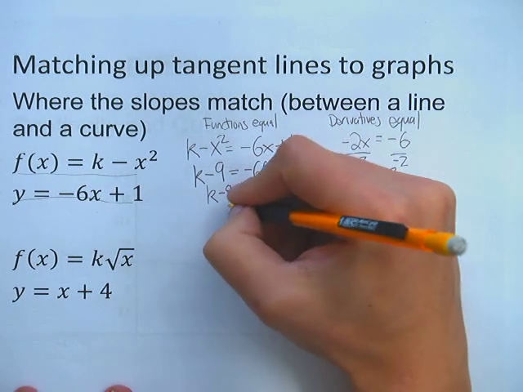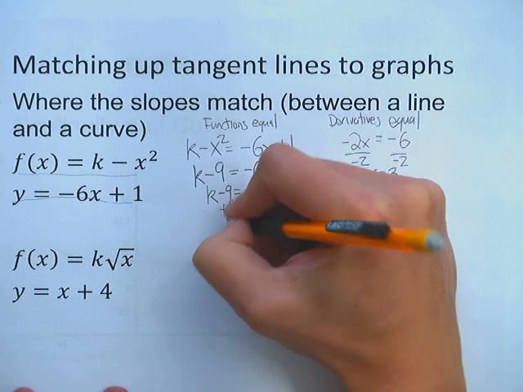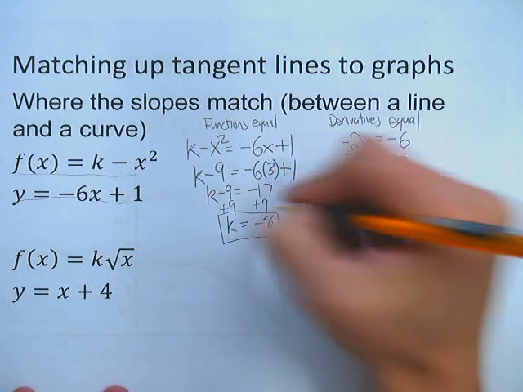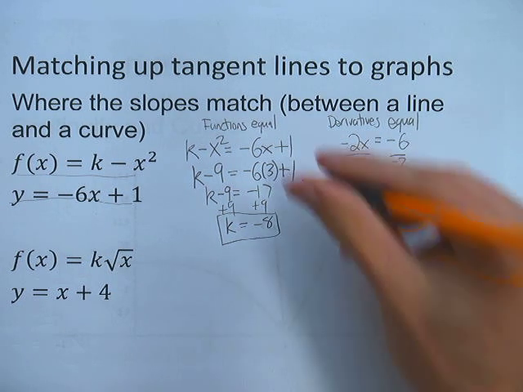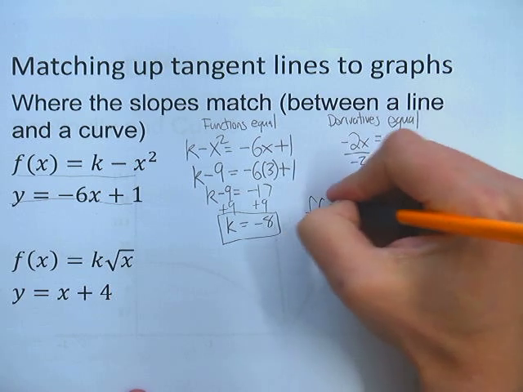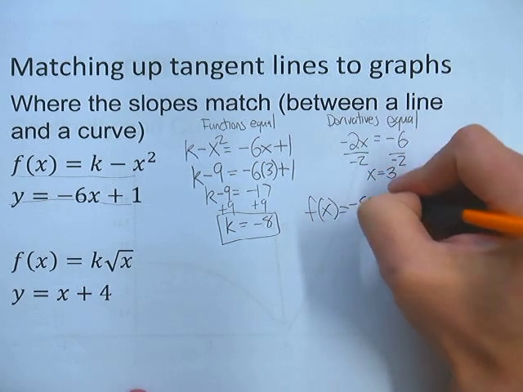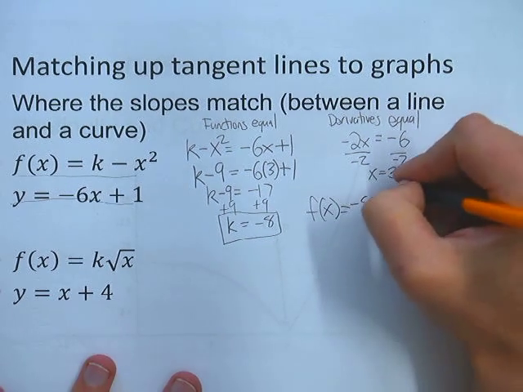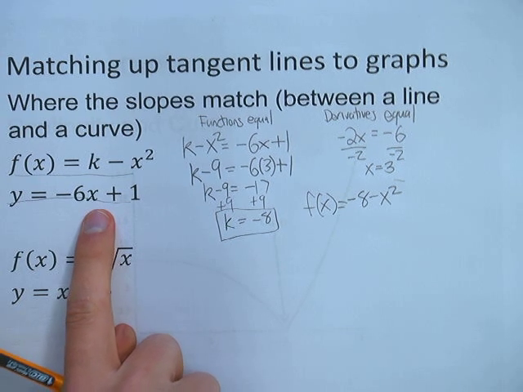And then we just add 9 to both sides, and we get negative 8 is equal to k. And so that is the value of k that's going to make these two functions match up. If we wanted to write the equation of that guy, we'd say f of x is equal to negative 8 minus x squared. And that would be the parabola that has a tangent line that looks like this.